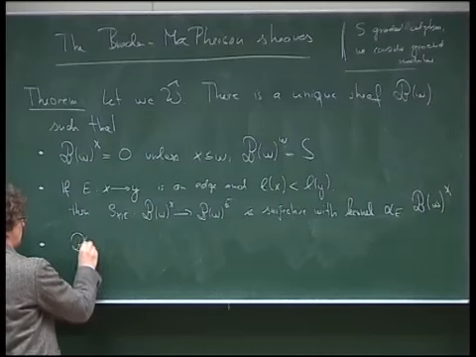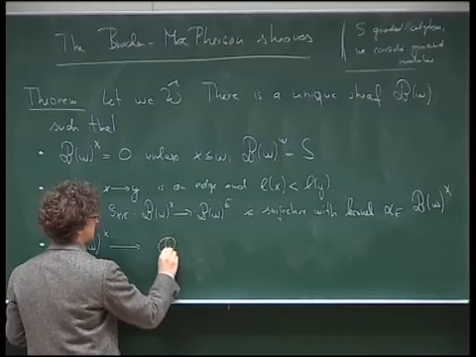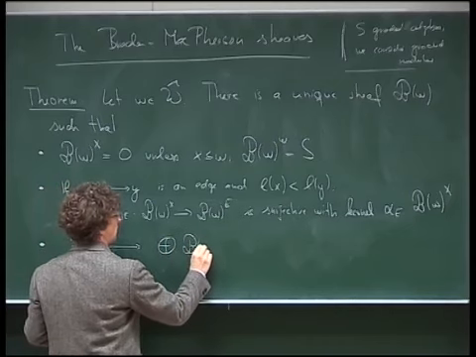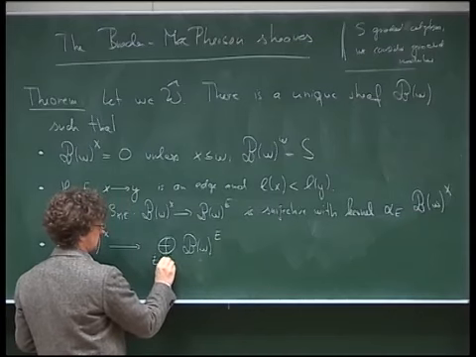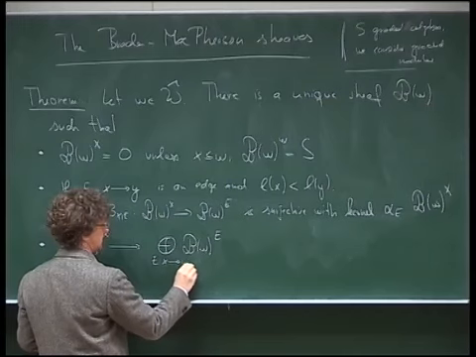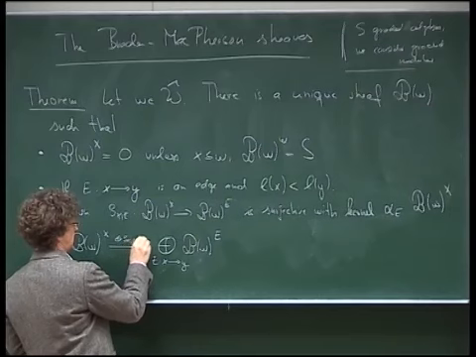Look at the following maps. We have B_W^X, which maps to a direct sum of all these B_W^E, where E is an edge that starts at X. And here we have the direct sum of the corresponding maps.